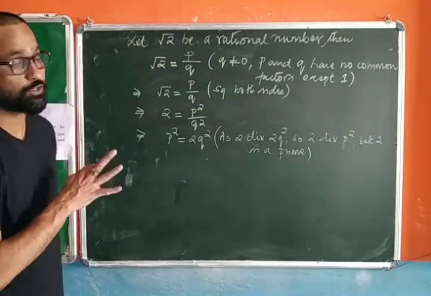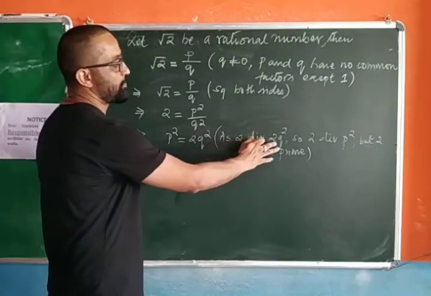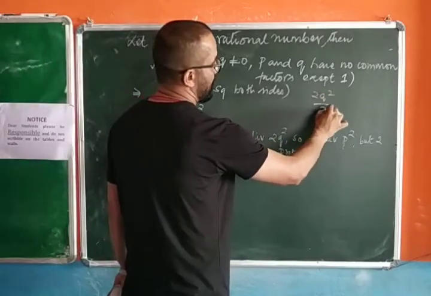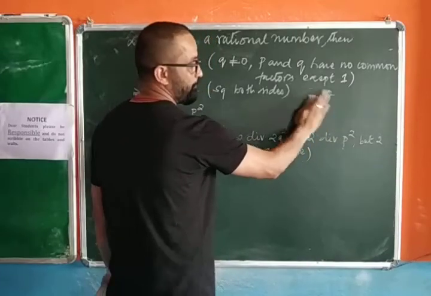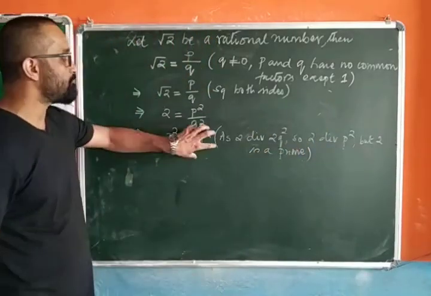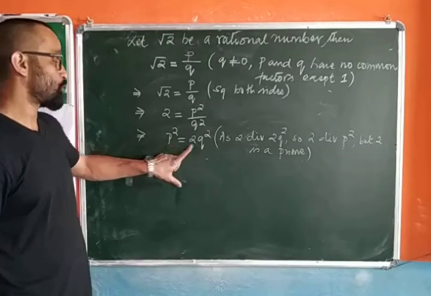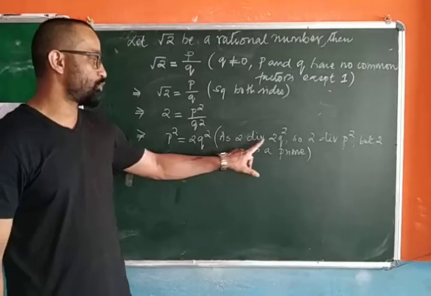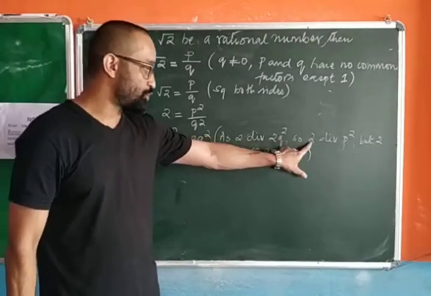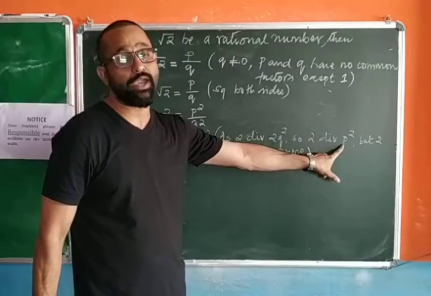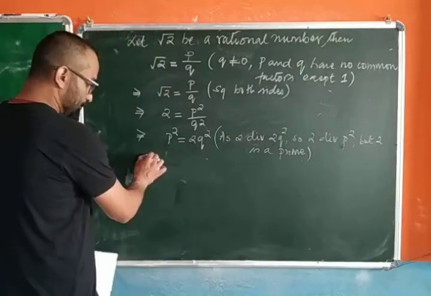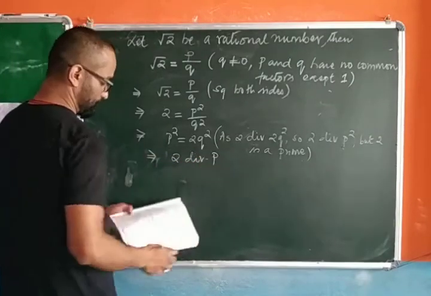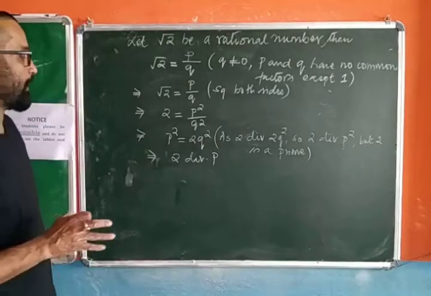This statement you have to remember: 2 divides 2q squared, because if we divide 2q squared by 2, we get q squared. Since the right hand side can be divided by 2, the left hand side can also be divided by 2. As 2 divides 2q squared, 2 can divide p squared as well, which means that 2 can divide p.